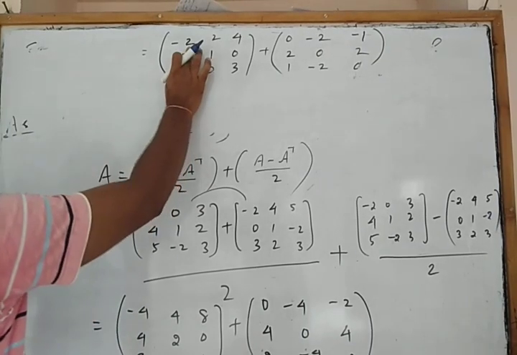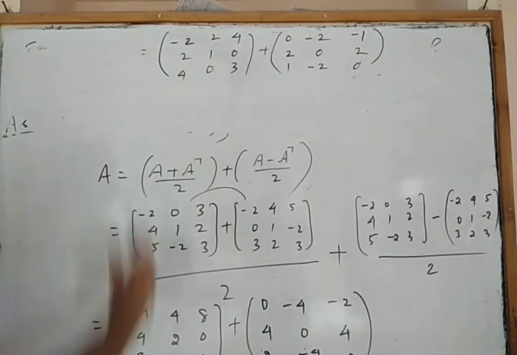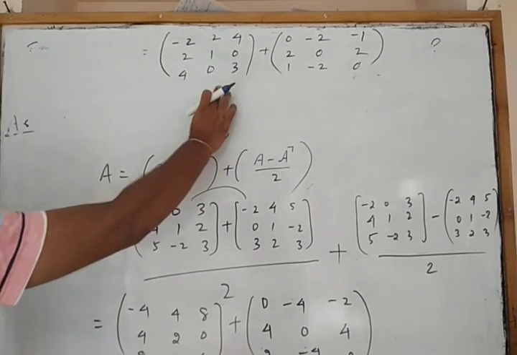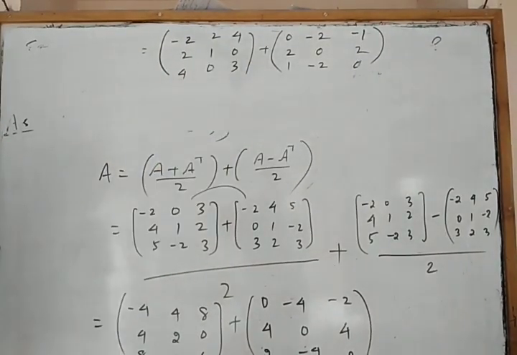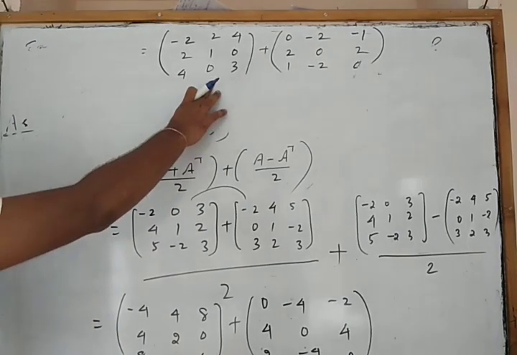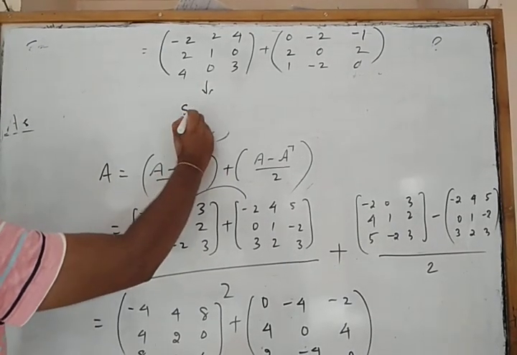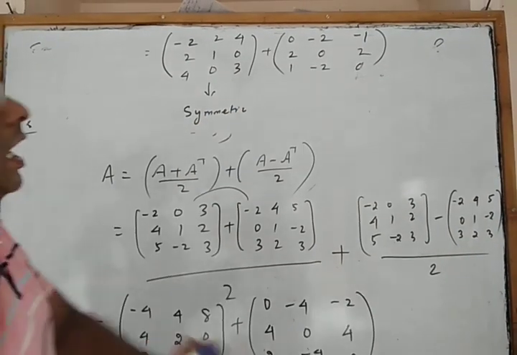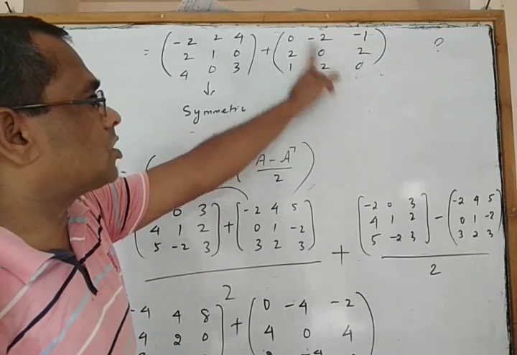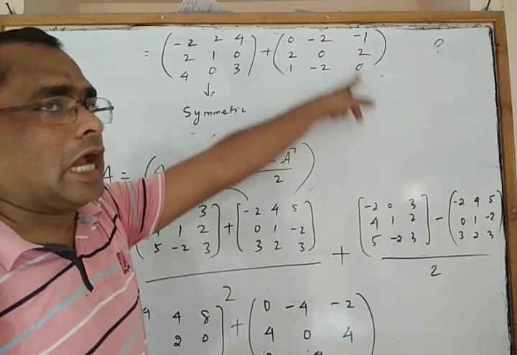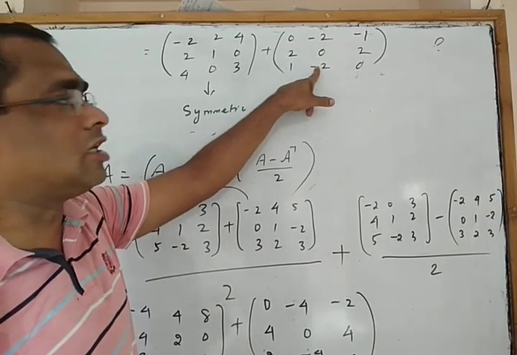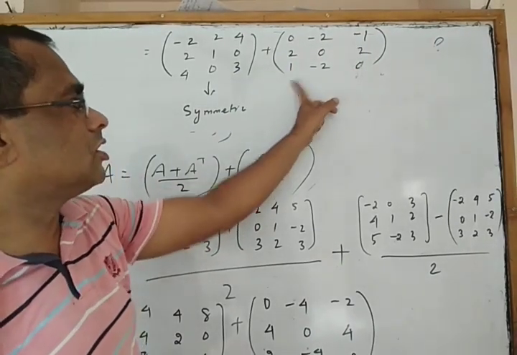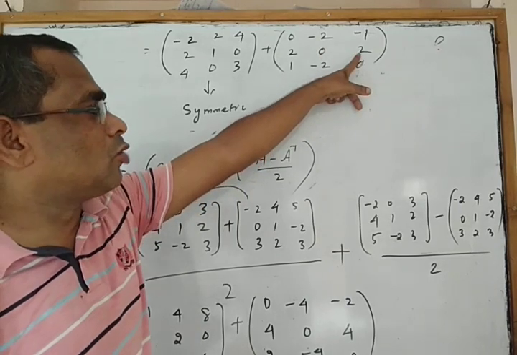Why is it a symmetric matrix? Because first row first column are the same element, second row and second column the same, third row third column the same. So the row and column elements are the same, clearly this is symmetric. And this one is skew symmetric because all the diagonal elements are 0 and the row and column elements are of opposite sign: -2 and 2, -1 and 1, and 2 and -2, with diagonal elements 0.